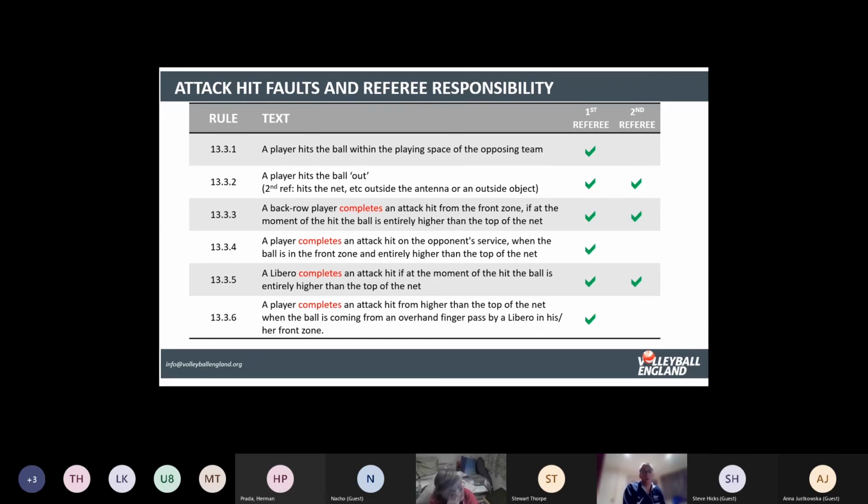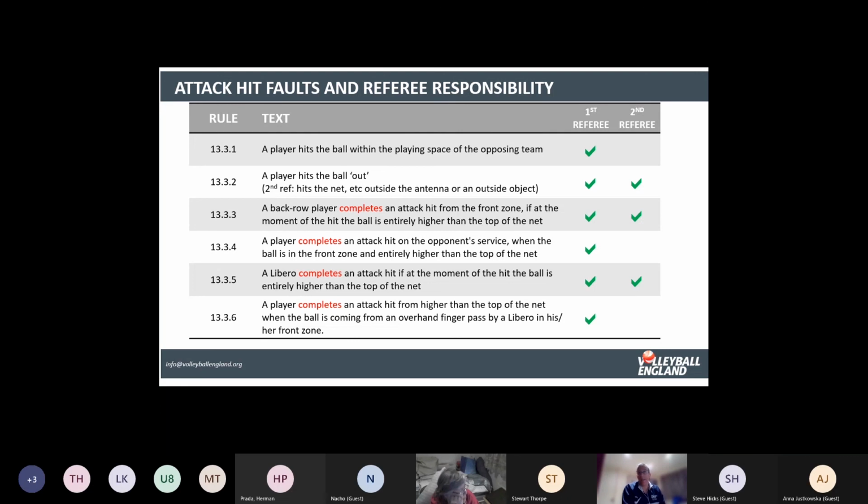Okay, so the second one, point 4, the player completes an attack hit on the opponent's service. This is a first referee fault, and as I say, it has probably very, very rarely ever occurred. Obviously, as soon as the ball drops below the top of the net, an attack hit can occur.